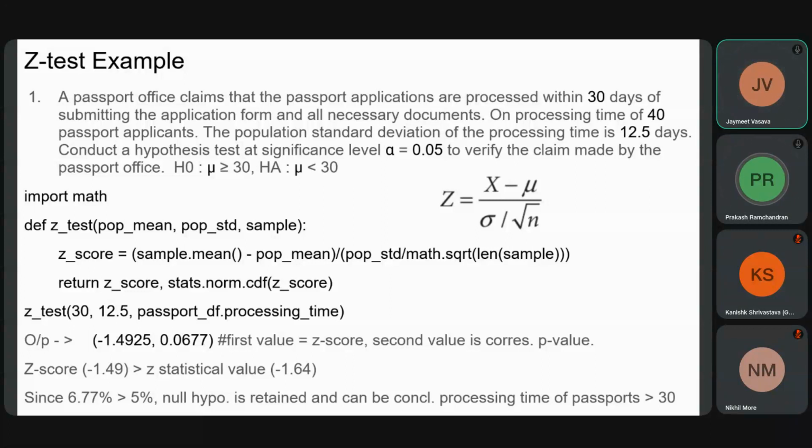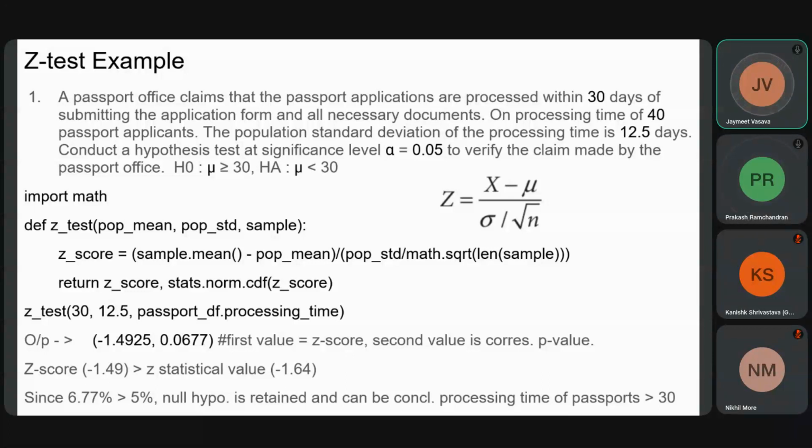Here the Z score of minus 1.49 is greater than the Z statistical value of minus 1.64, and 0.0677 is the probability value that we get.